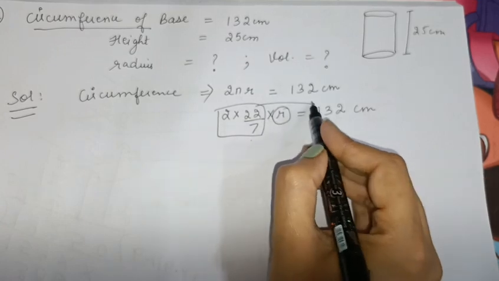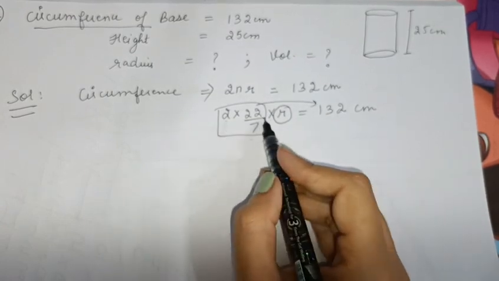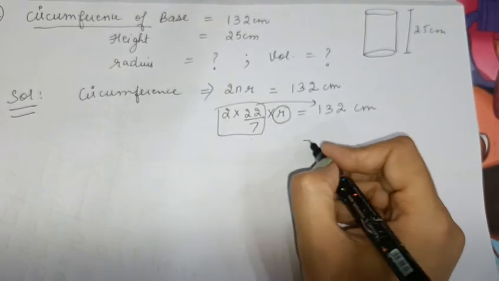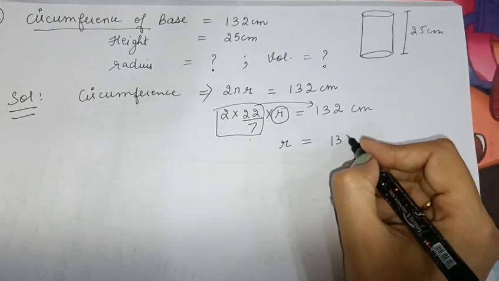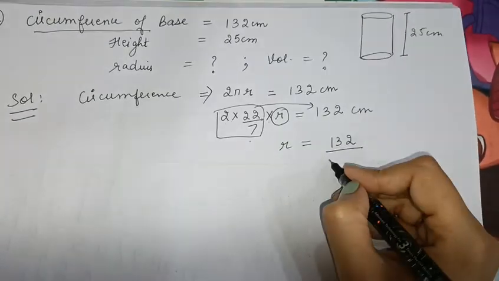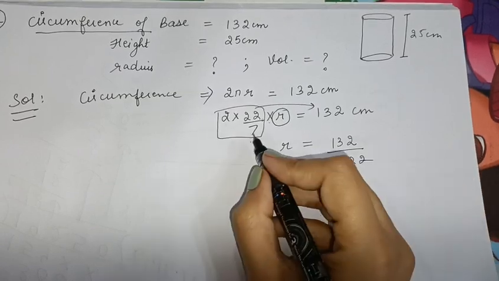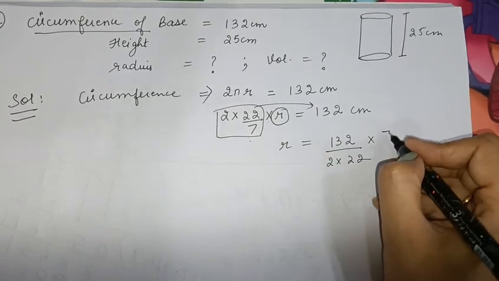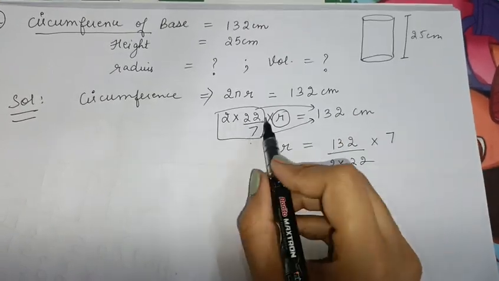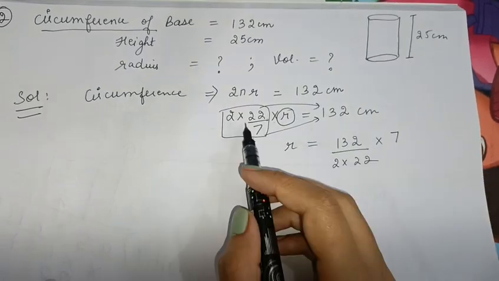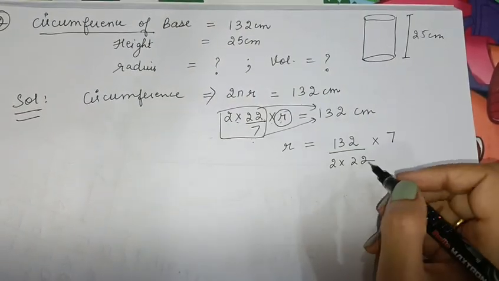So these two we will shift. 2 into 22, the numerators will go down, and this denominator 7 will go up, because they are in multiplicative form.